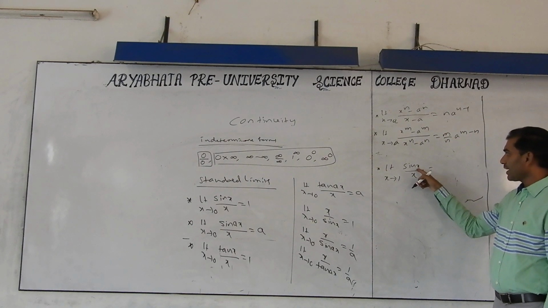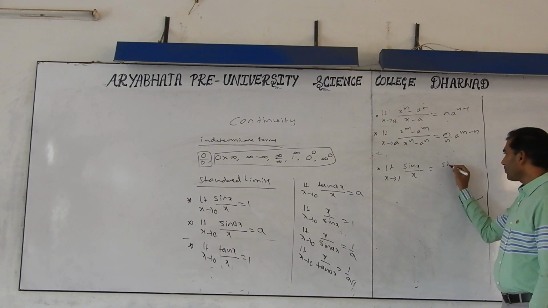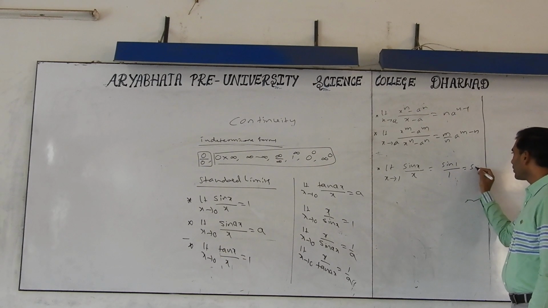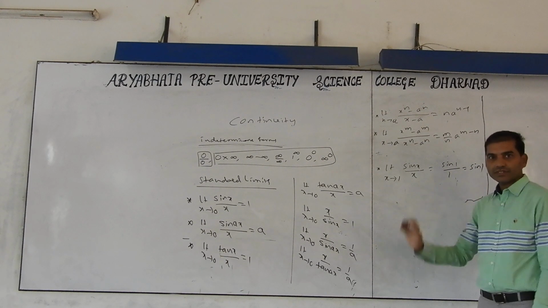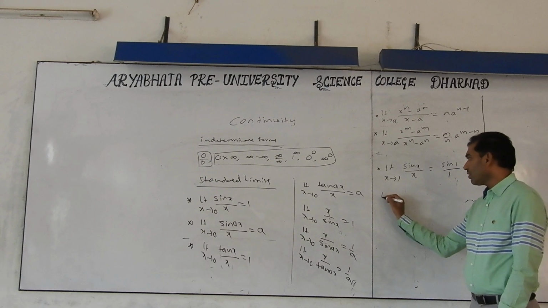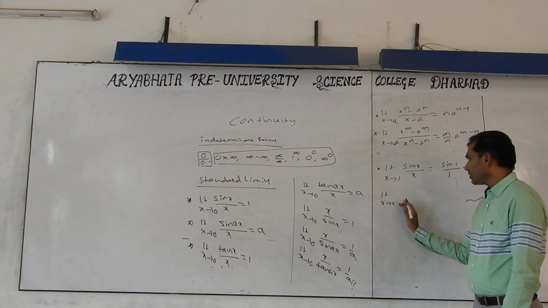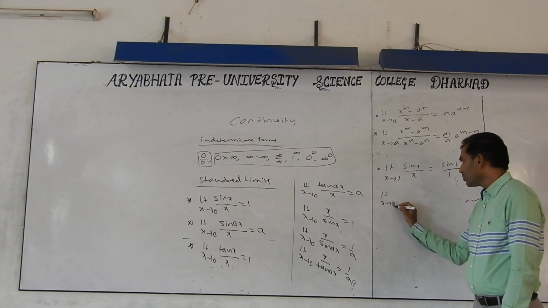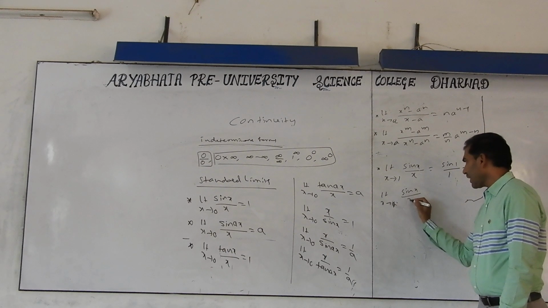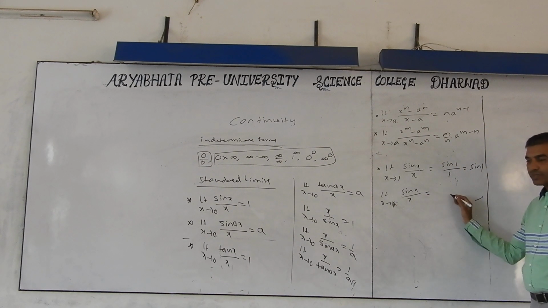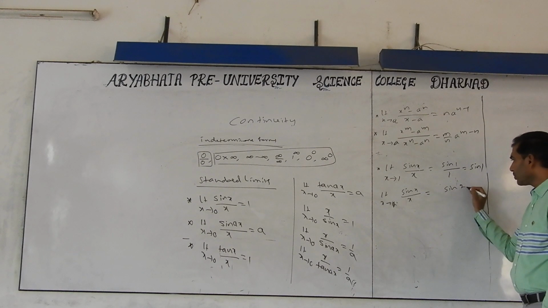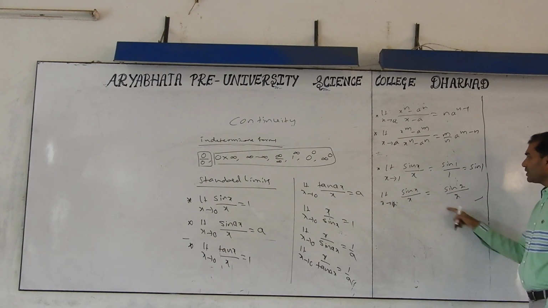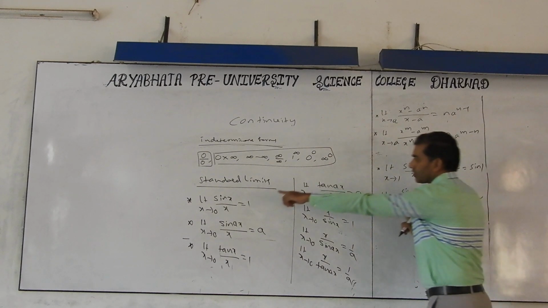If you apply it here, x is replaced by 1: sin 1 by 1 equal to sin 1. Limit x tends to 2 sin x by x equal to sin 2 by 2, because it is not the 0 by 0 form. If it is 0 by 0 form, then use these formulas.